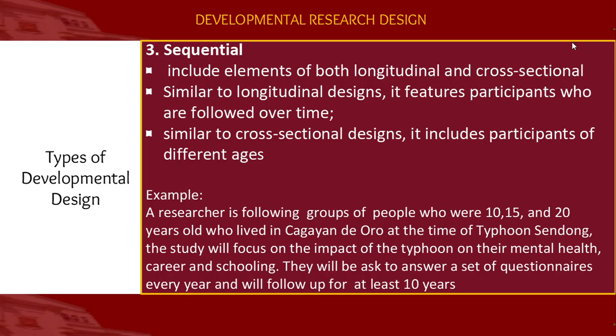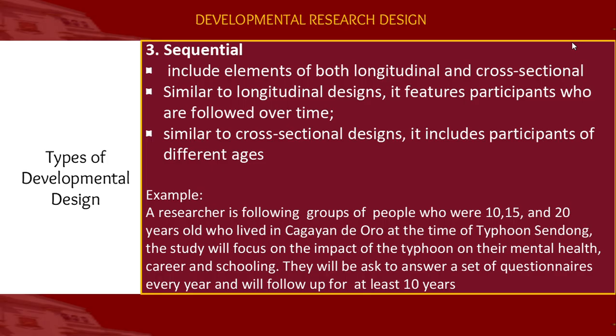Okay, so one of the benefits of this developmental research design is that people can be followed through time and results can be compared. The problem with this is that it is a very expensive type of research, and the participants here may drop out, because this is longitudinal.